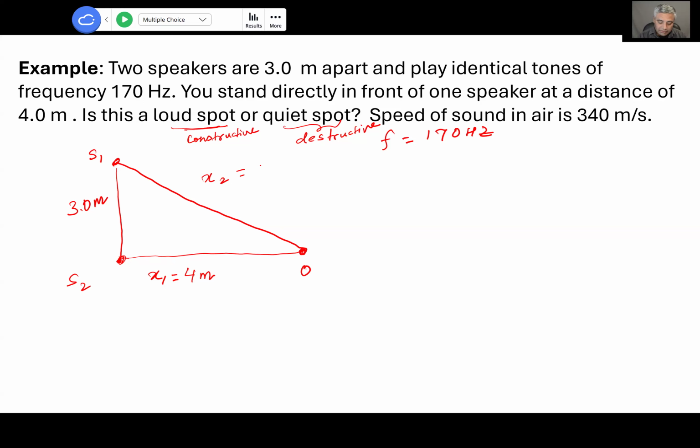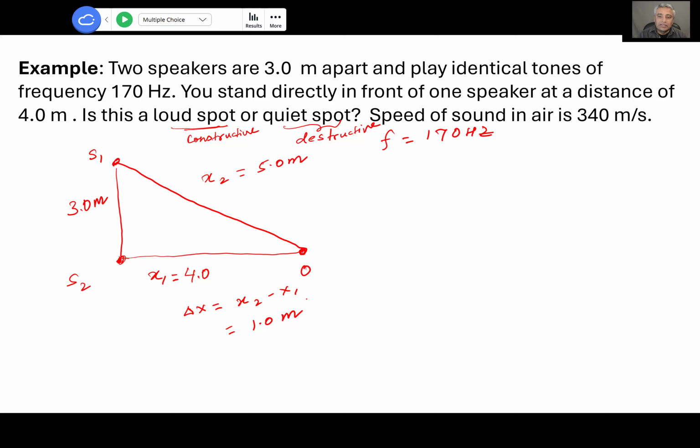Using the Pythagorean theorem, we know it's 5 meters. So the path difference is x2 minus x1, which is 1 meter. So now we learned that the sound wave went through a 1 meter path difference.